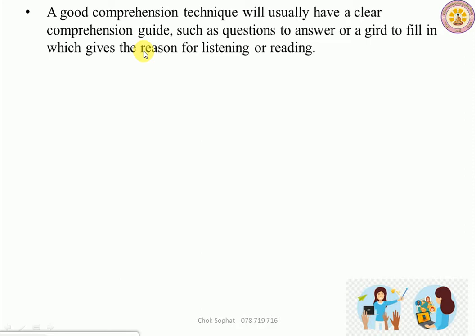So a good comprehension technique that involves the students in reading or listening is the guide and the question. If, while they are reading or listening, they do not have a task to do or a question to answer to process the information, they will not focus on their listening or reading.